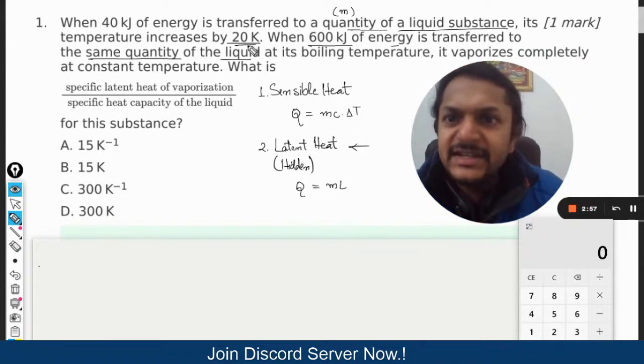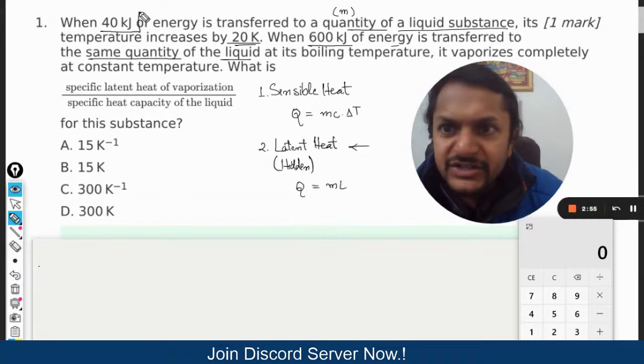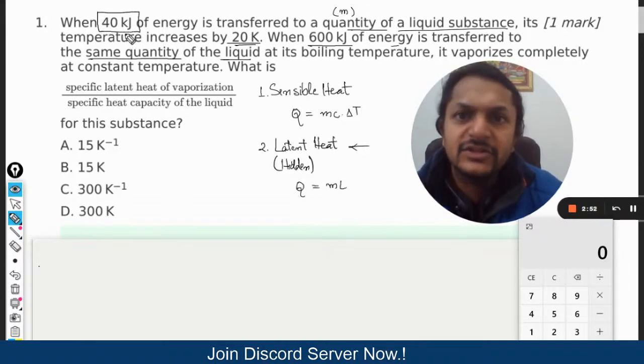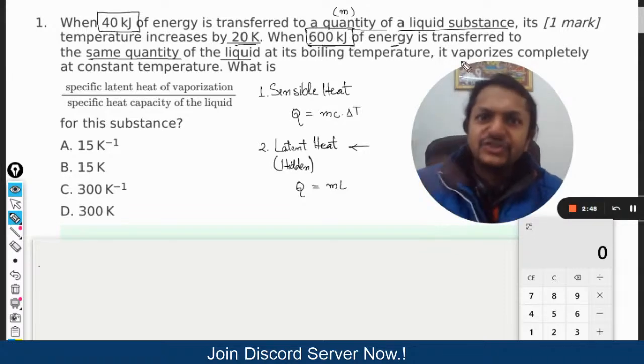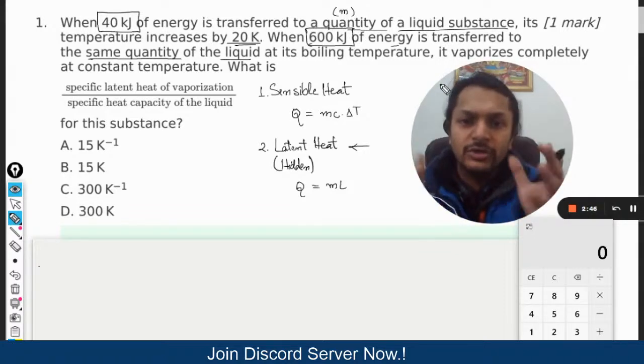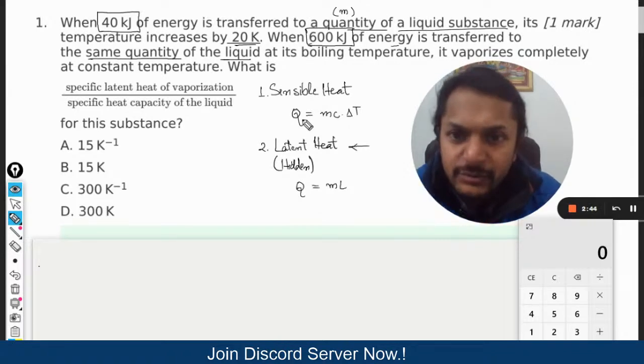And in both of these cases, the heat is given to us. In the first case, 40 kilojoule is given, so there is sensible heat. And 600 kilojoule is given for the phase transformation.